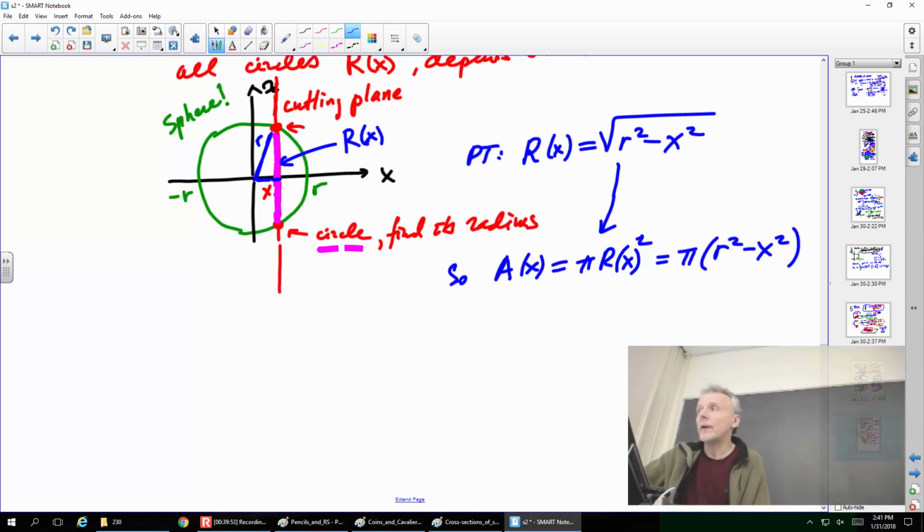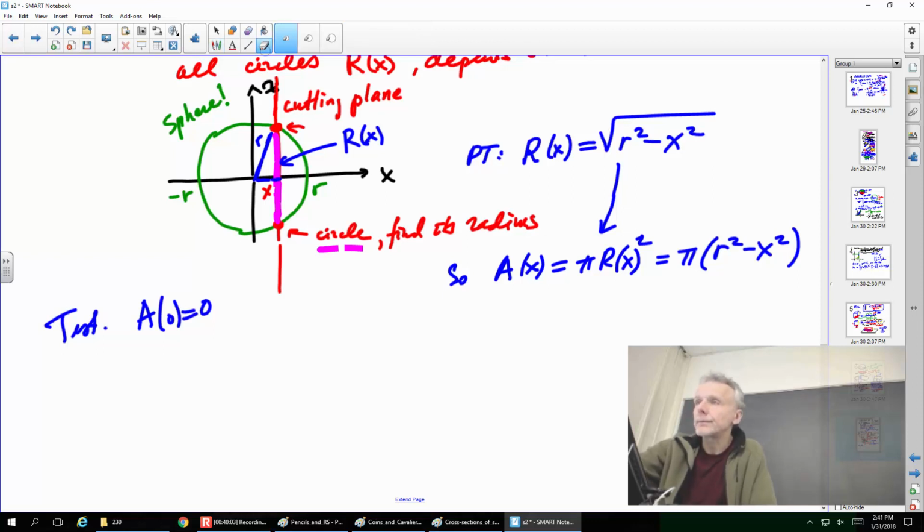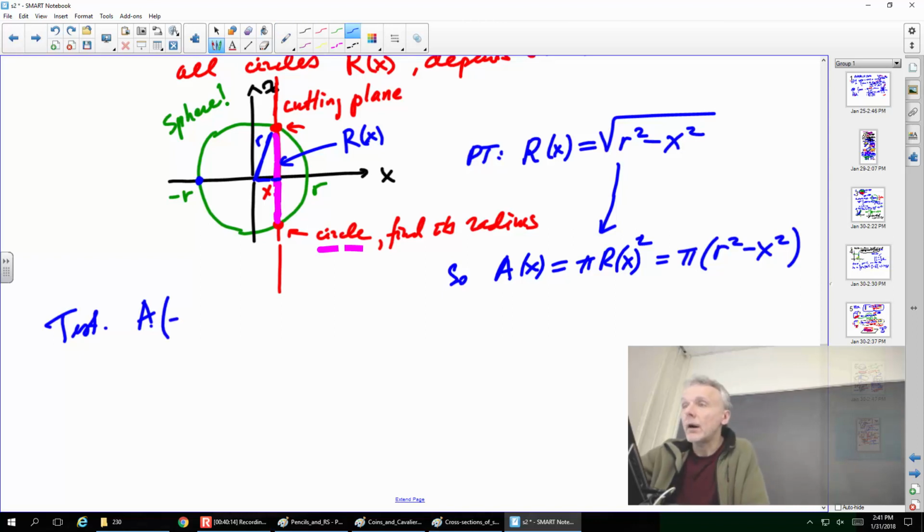For every cross section, you can verify that it works out. So test it. In fact, A of 0 is 0, right? I'm sorry, A of what? A on the left, over here, it is A of negative r.